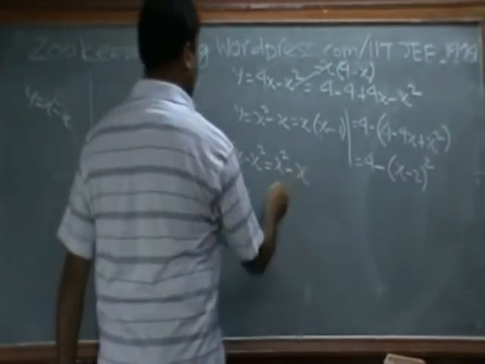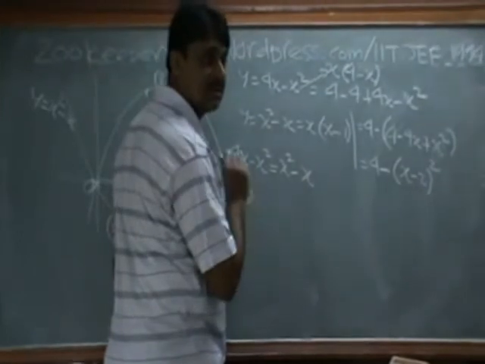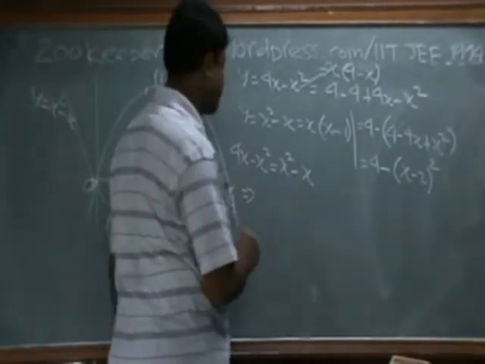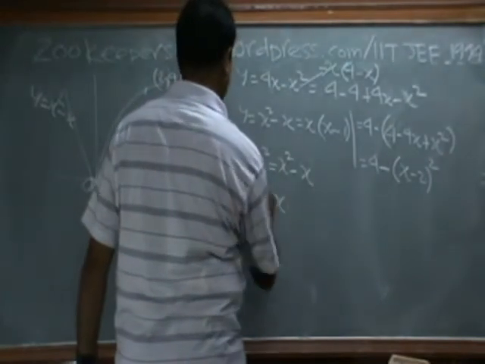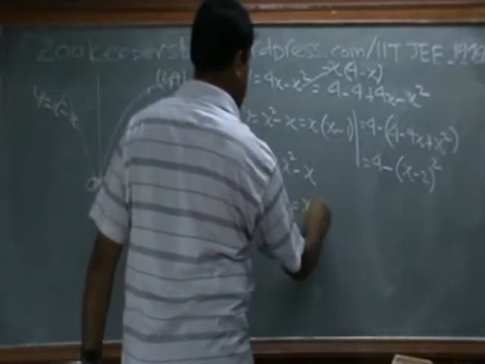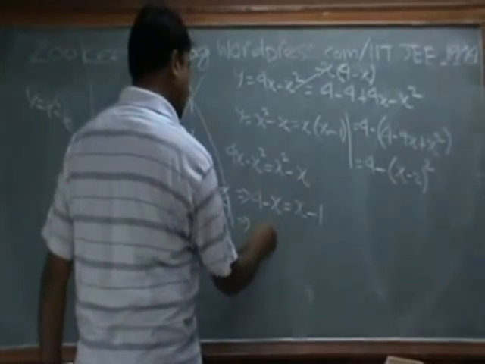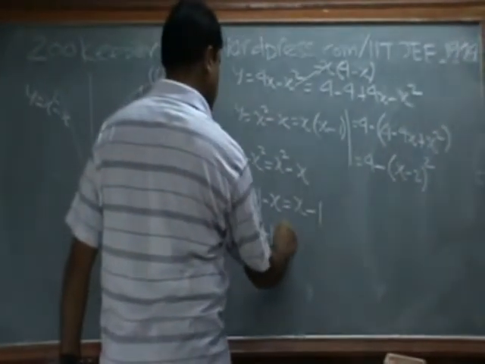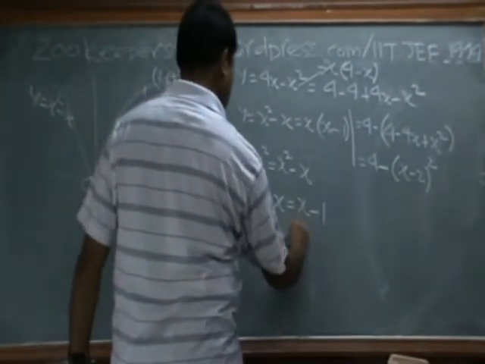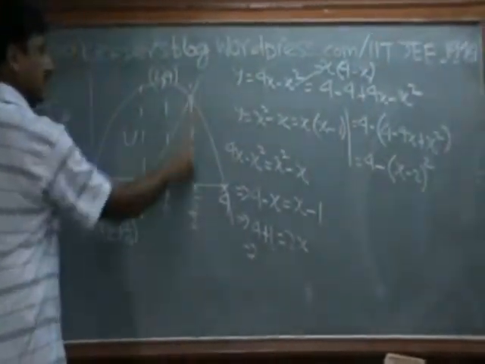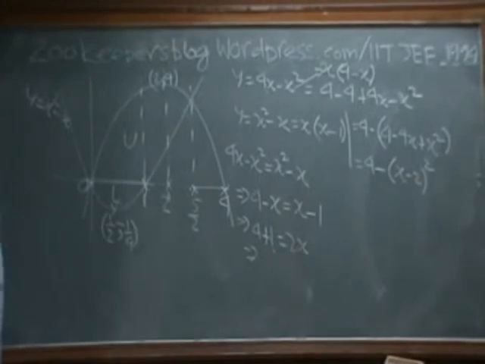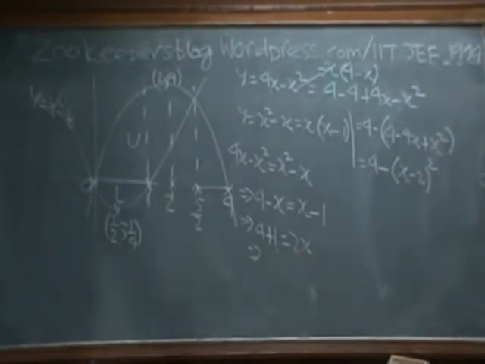So I strike out x because I am searching for non-zero solutions. I get 4 minus x equals x minus 1. So 4 plus 1 will be 2x, and x is 5 by 2. That's the way you get x equal to 5 by 2. Very quick. So x equal to 5 by 2 is the limit.